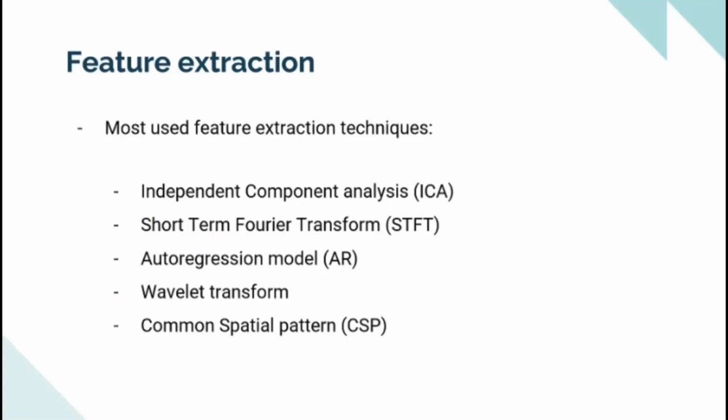There's the autoregression model, which forecasts future behavior in a signal based on preceding input. The wavelet transform transforms time domain signals into time frequency domain signals. And the last method is the common spatial pattern, or CSP, and it is the method we actually chose to proceed with in our first approach towards training our data.